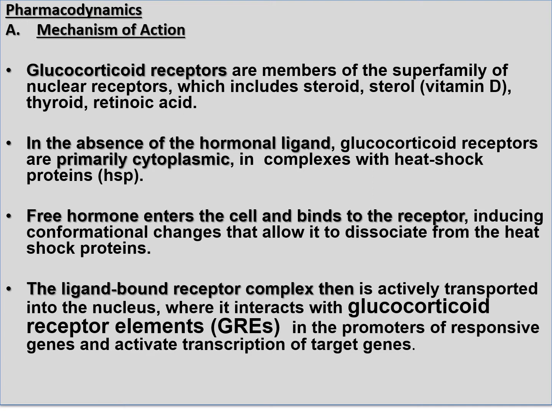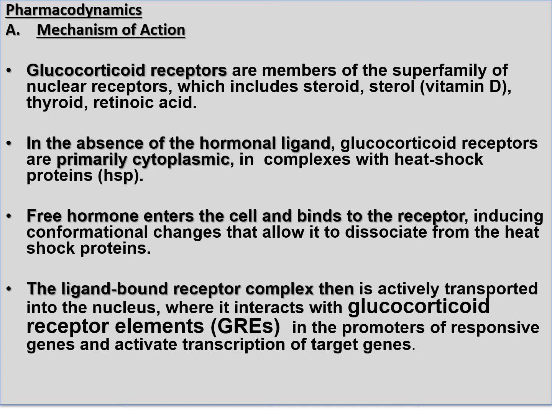Now what happens? Free hormone enters the cell, binds to the receptor, induces conformational changes, and these changes allow the hormone to dissociate from the heat shock proteins.